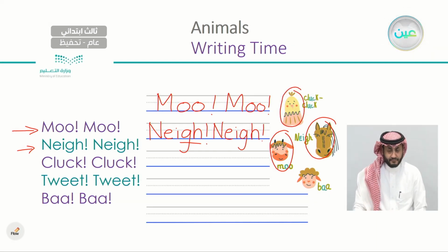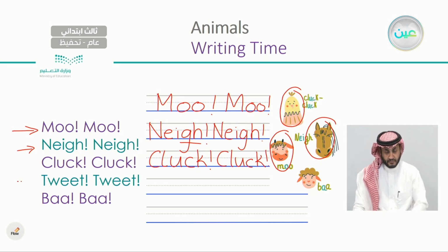Next we have the sound of a chicken. Excellent. Chicken. What sound does it make? Cluck. C-L-U-C-K. Now we have over here tweet. Tweet. What animal makes the tweet sound? A bird. Excellent.